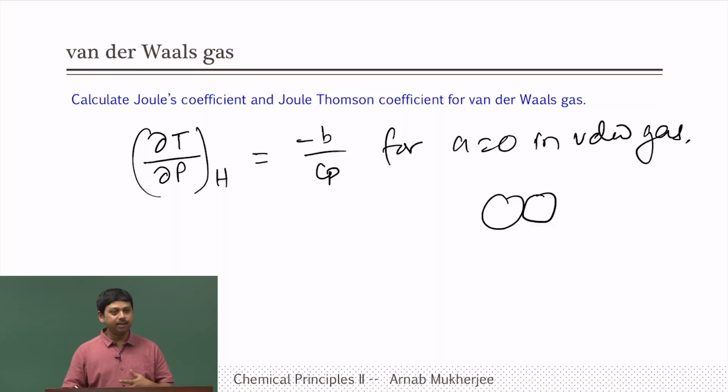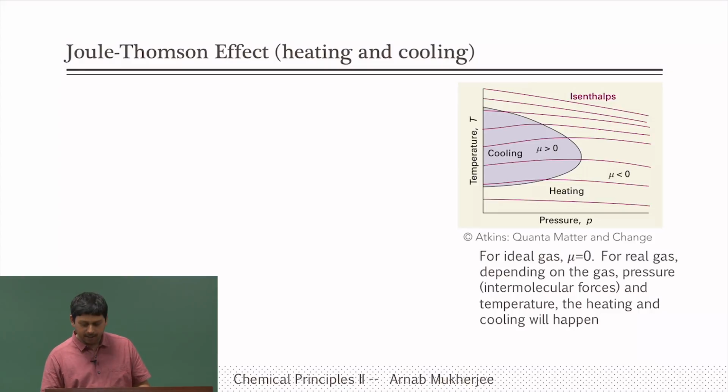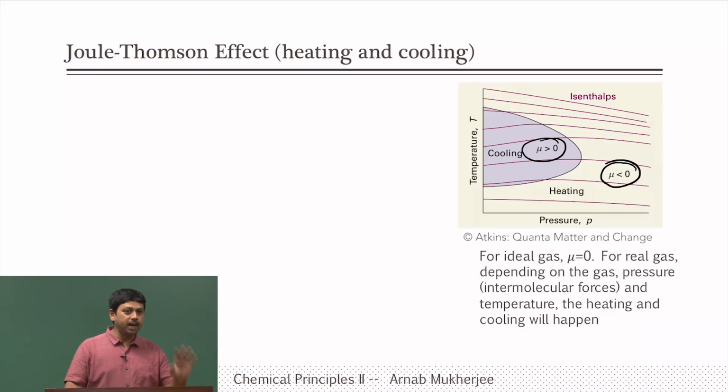But if you had an attractive term, for example, if you had that A term, you would see that it will actually cool down, and it is given by this kind of diagram, in which you can see that wherever there is mu less than 0, you have heating instead of cooling, and wherever there is mu greater than 0, there is cooling.